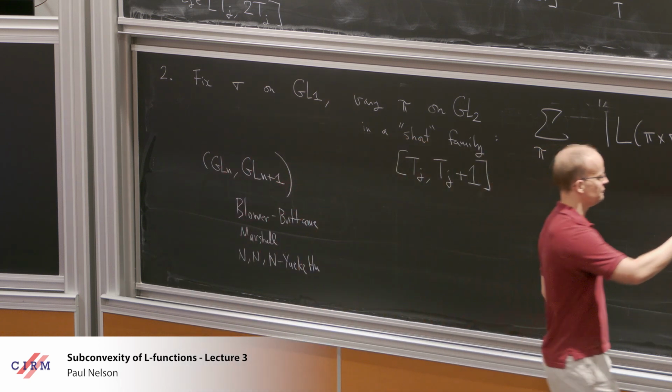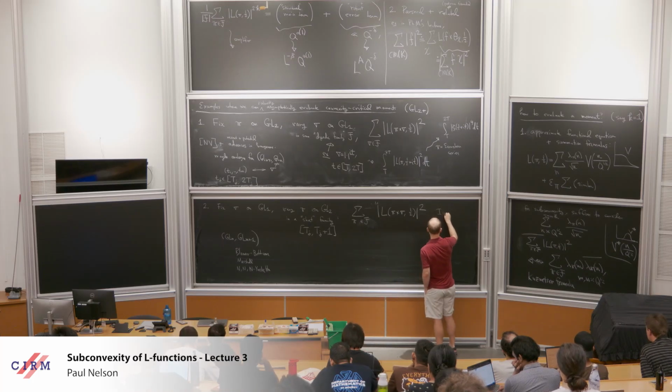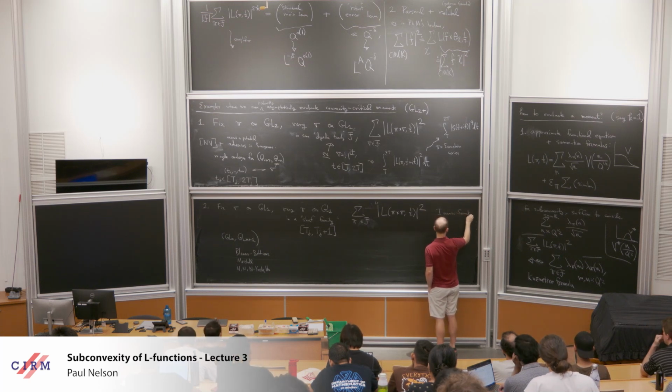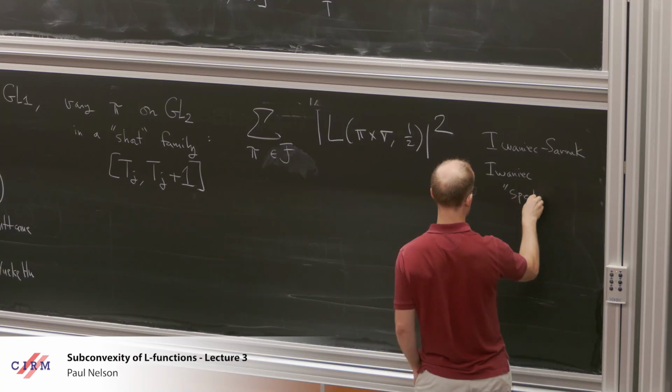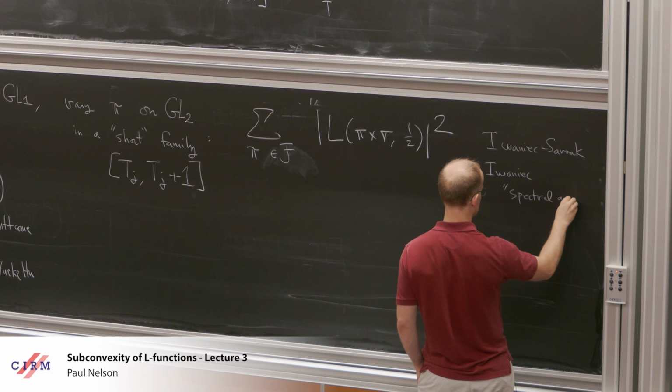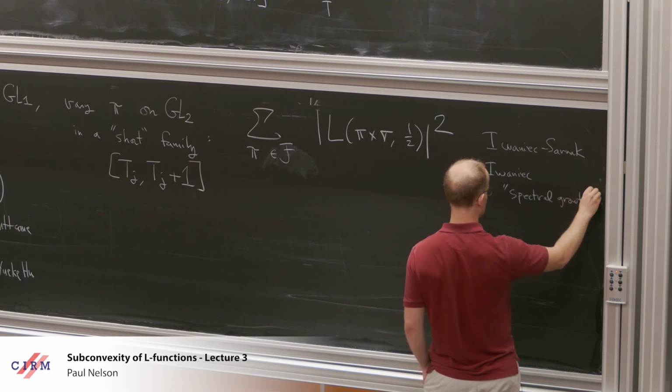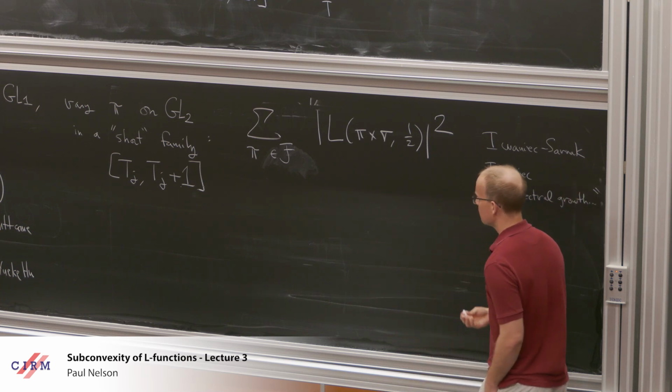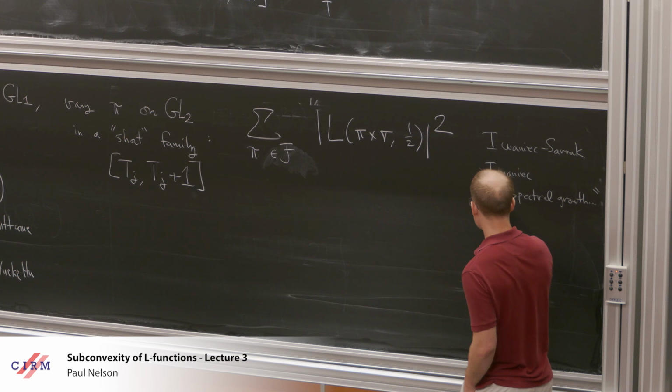And then, I've mentioned Iwaniec–Sarnak. I'll write Ivić, and by this I mean the paper on spectral growth of automorphic L-functions. If you can't find the paper I'm referring to, just ask me. And then, suitably interpreted, there are many other papers.